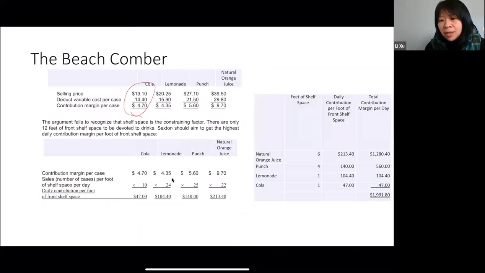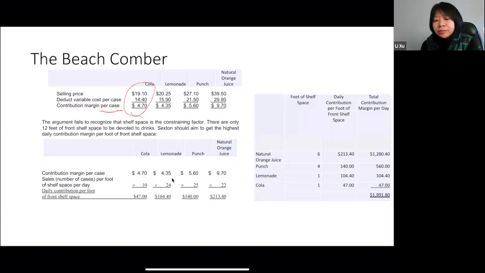Okay, so the key here, this is per case. We can't just look at the contribution margin itself and make a decision, because this is based on per case, but not on constrained resources. Therefore, we need to go one step further, okay?